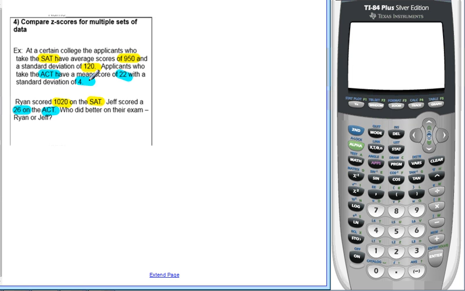Let's do Ryan first. So Ryan's z-score is going to be his score of 1020 minus the mean for the SAT, which is 950, divided by the standard deviation for the SAT, which is 120.